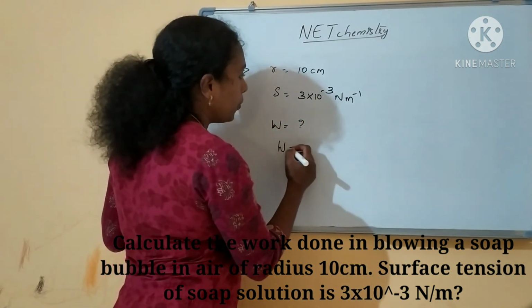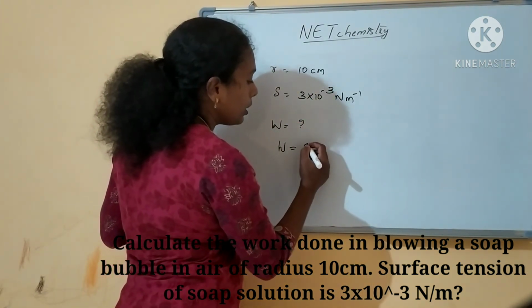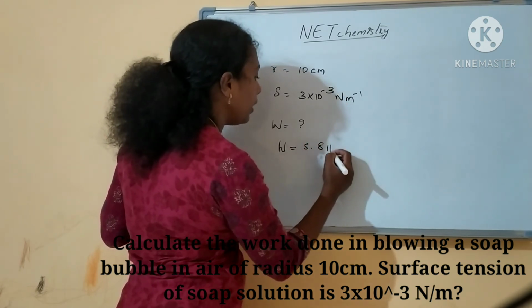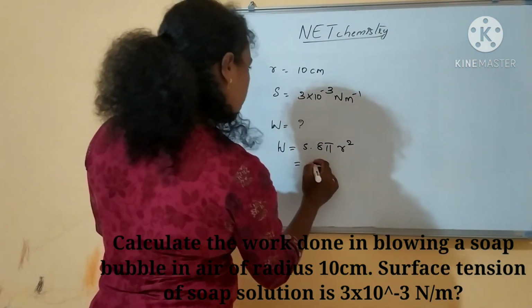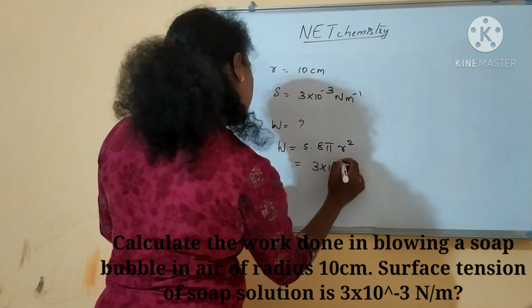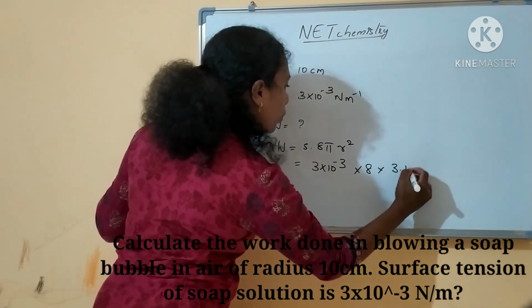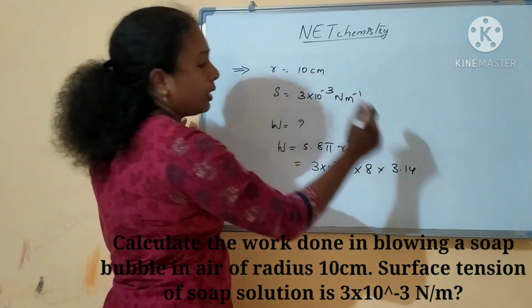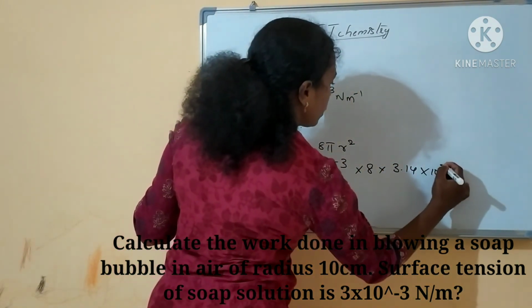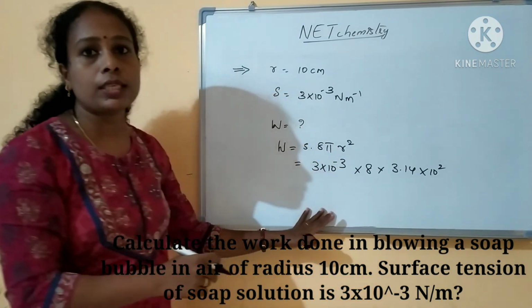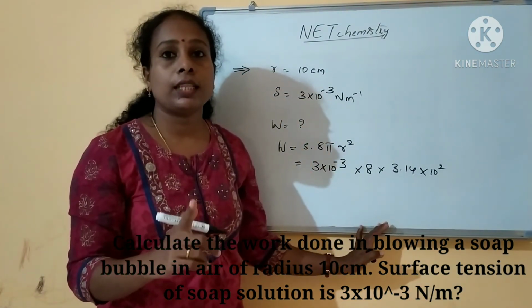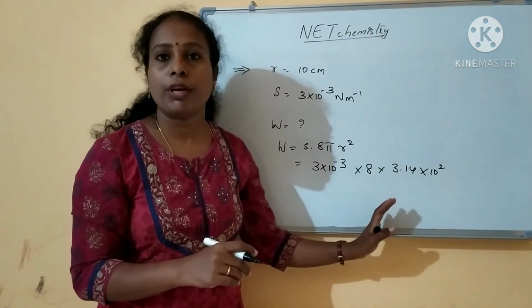Work done is equal to S into 8 pi R square, right? Surface tension they have given, 3 into 10 raised to minus 3, into 8, pi value you know is 3.14, and 10 centimeter is the radius they have given, so 10 square. This value you have to find out. This is the way they were asking the question. Based on that only you have to find the solution.